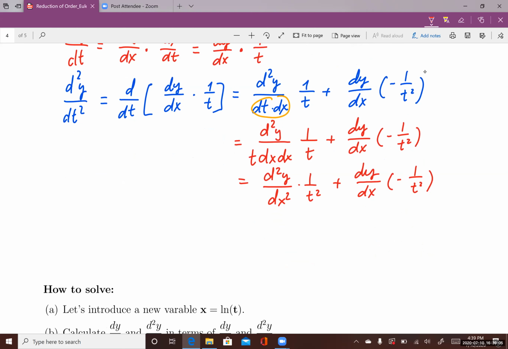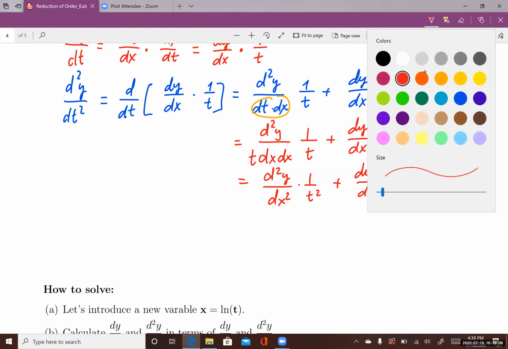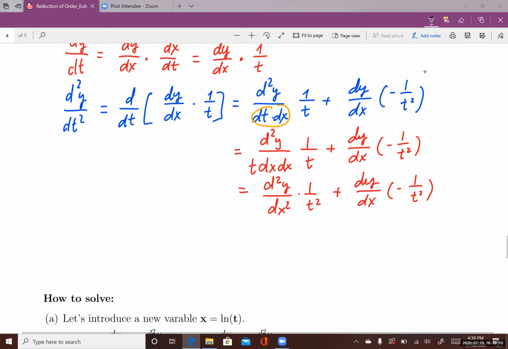We're going to replace this information into our original equation to see what we get.